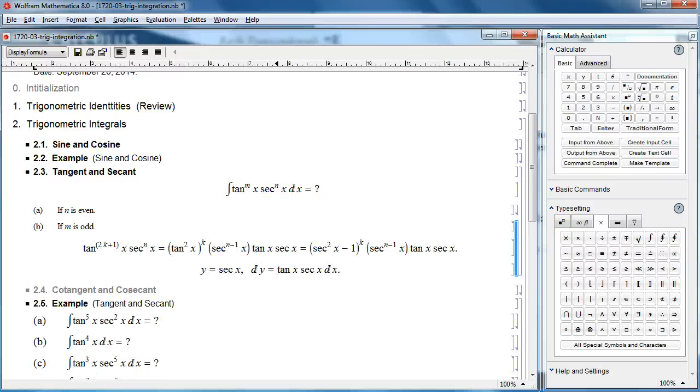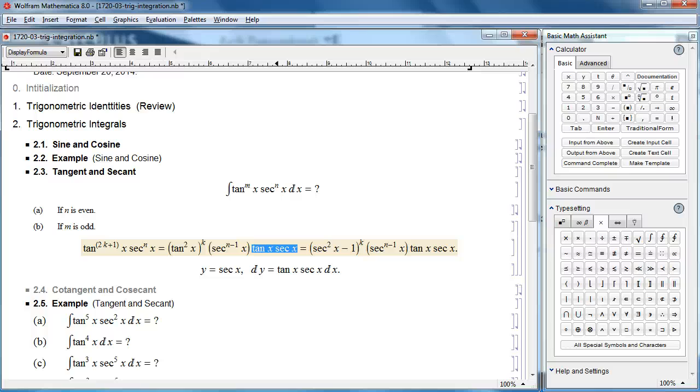So if we have some tangent to the odd power, then this tangent part can be decomposed into tangent squared times an extra tangent, but that's not enough. The secant to the nth power should generate another extra secant. So what we have is tangent times secant coming out as an extra.